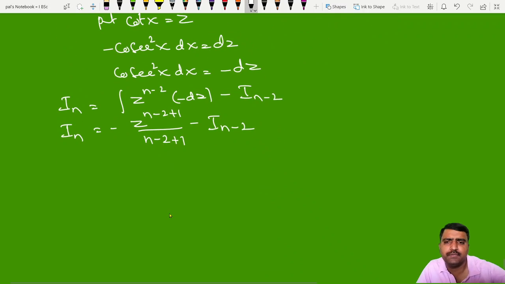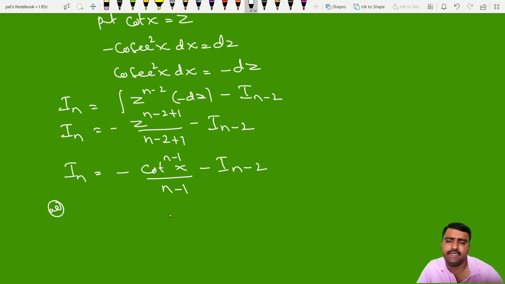So next step we have in is equal to minus, what is z? Z is cot x. Cot to the power n minus 1 x by n minus 1 minus in minus 2.